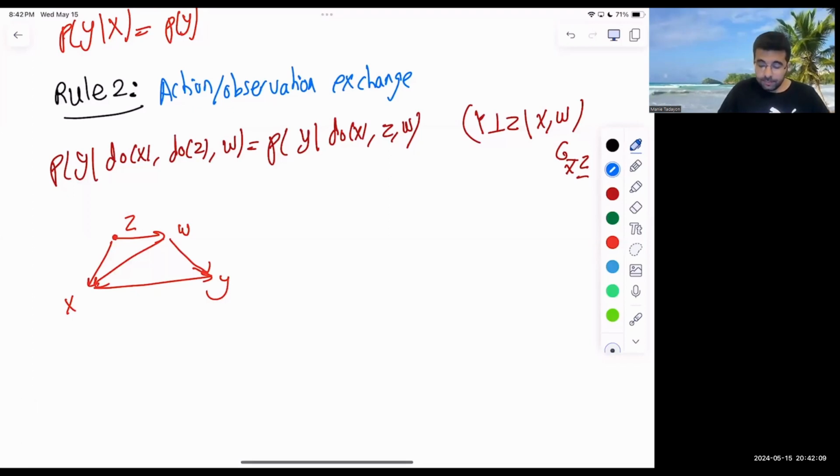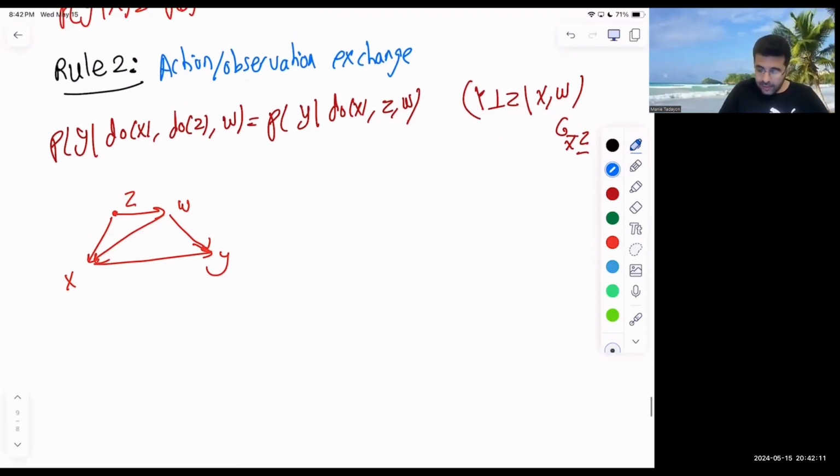So now let's take a look at this one. Let's first understand this rule. Wait, let's construct this graph. G x bar Z is this one, given that this is G. Remove all the edges going to X, remove all the edges out of Z. Z is completely isolated.